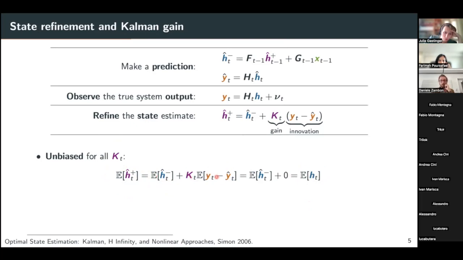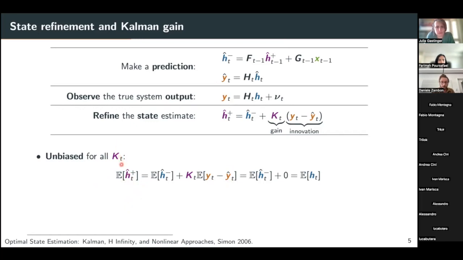Well, the discrepancy here in expectation is always 0, because, although we didn't prove it, we know that this predictor here is the optimal predictor with respect to the squared error. So regardless of the choice, we won't lose this unbiased property, which is really desirable for our state.